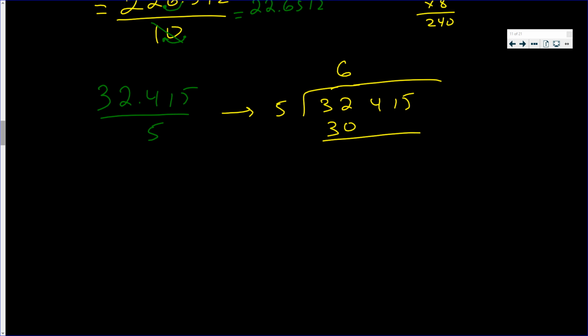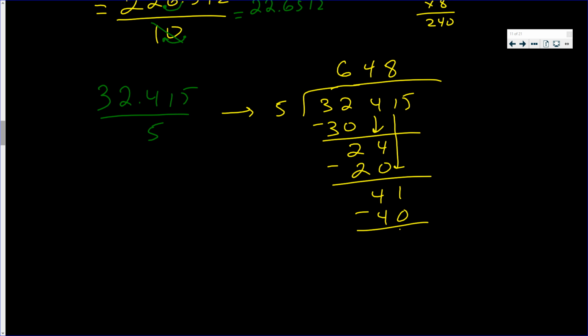That is, I take away 30, 2 left over. Bring down the 4. 5 goes into 24 4 times. You subtract, you have 4 left over.